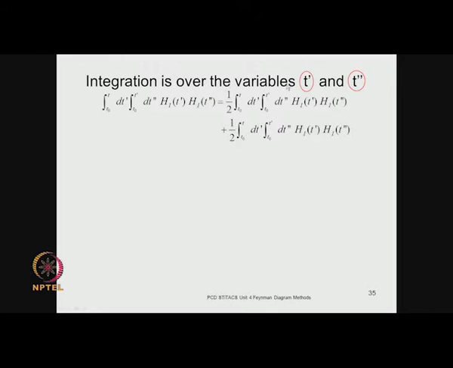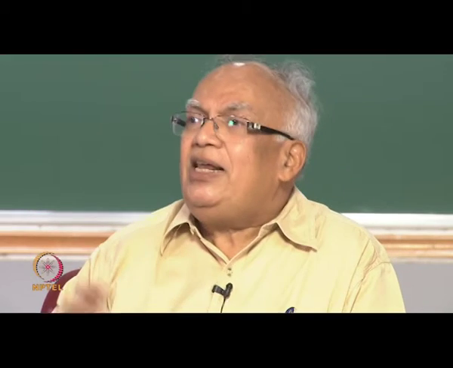The two integration variables t prime and t double prime, both are time variables, but they are quite independent of each other, and they are to be treated like independent variables. They are completely independent degrees of freedom, and you can represent them by two variables which you represent graphically orthogonal to each other, orthogonal because they are completely independent of each other.